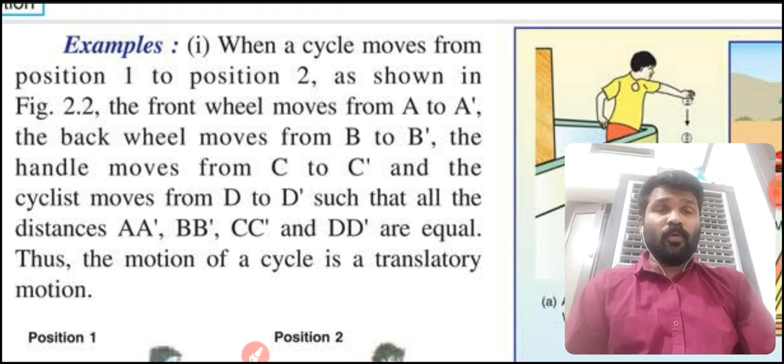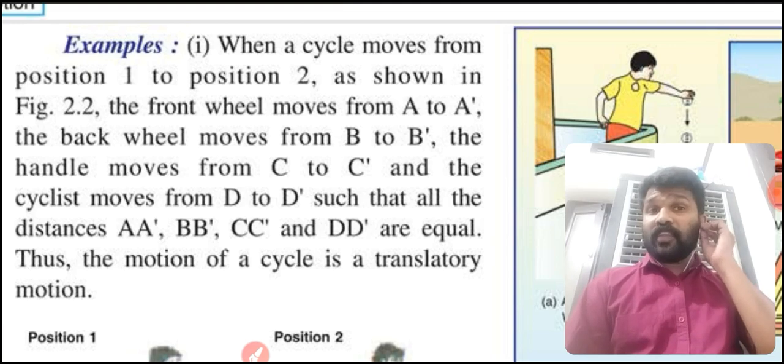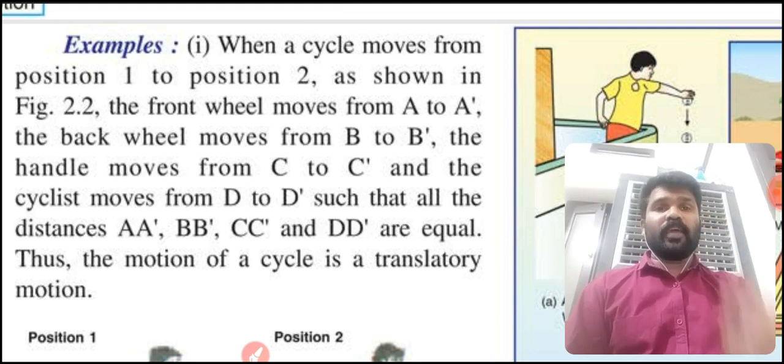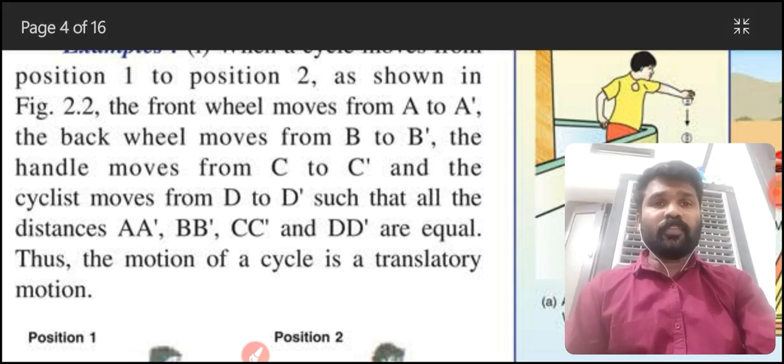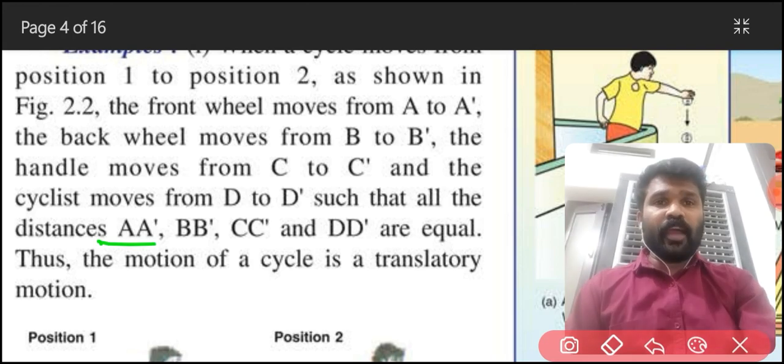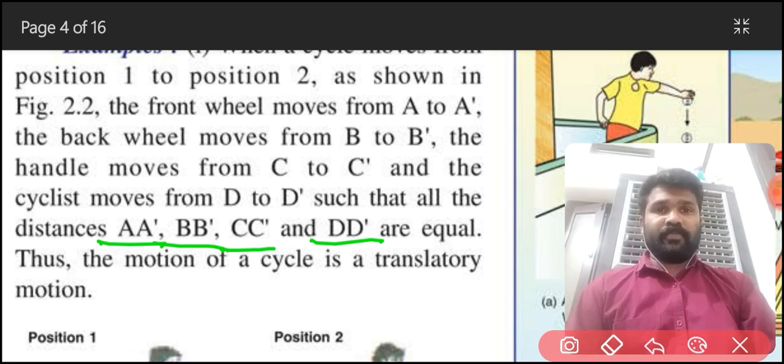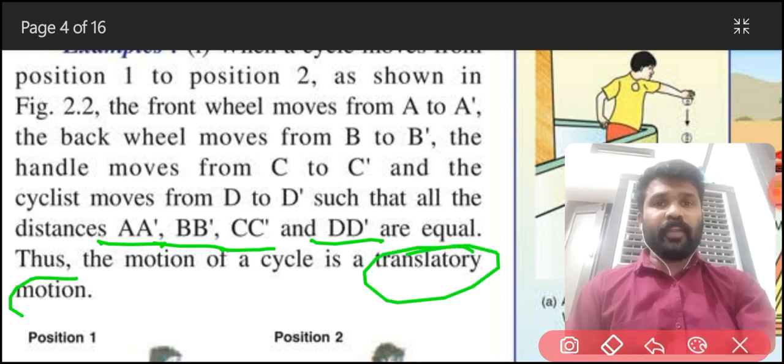The handle moves from C to C dash and the cyclist moves from D to D dash, such that all the distances AA dash, BB dash, CC dash, DD dash are equal. Thus, the motion of a cycle is a translatory motion.